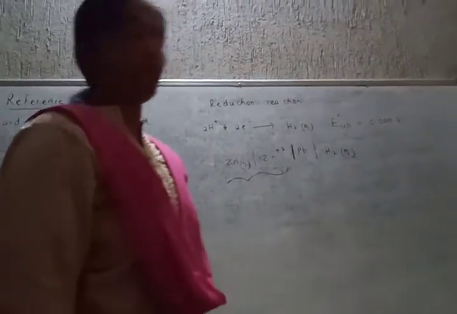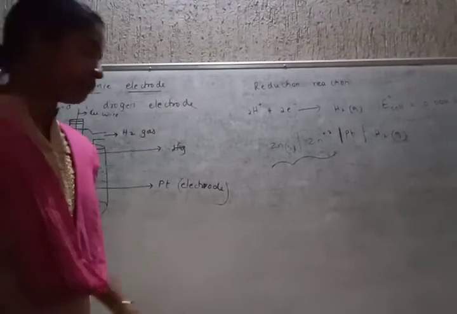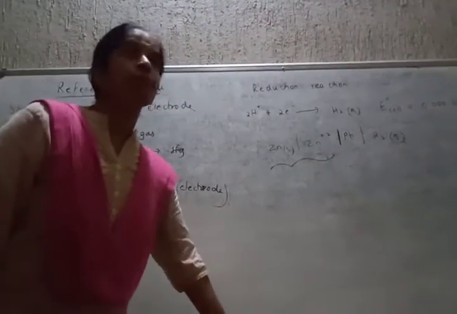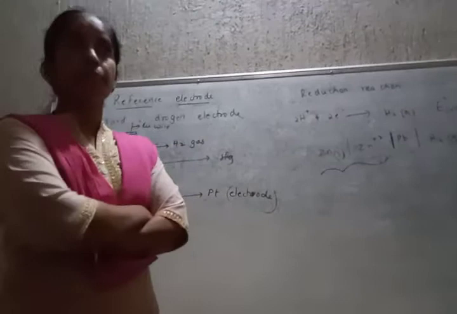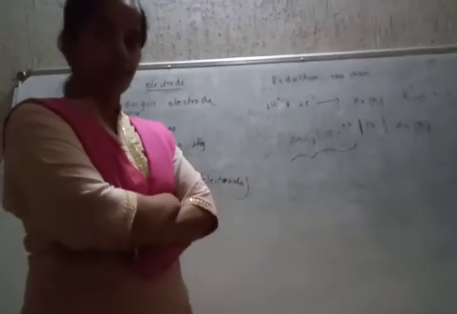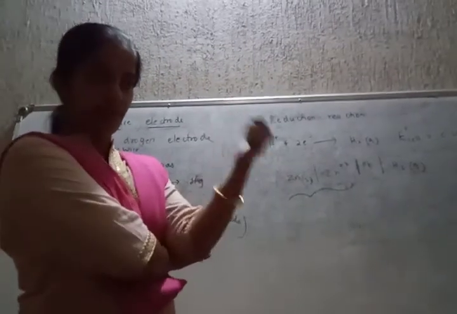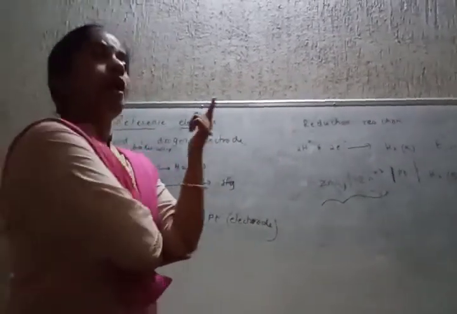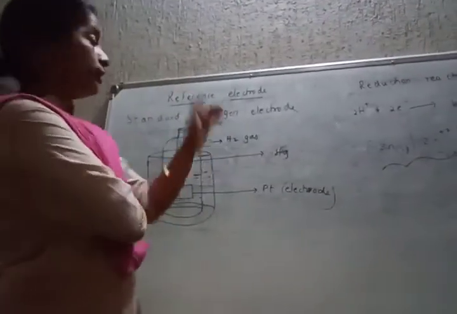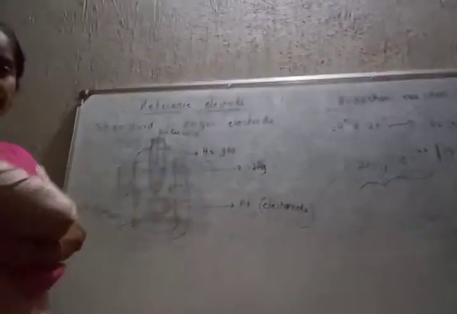नाउ व्हॉट आर द ड्रॉबॅक्स, म्हणजे रेफरन्स इलेक्ट्रोड म्हणून SHE का नाही वापरला जात. देयर आर सम ड्रॉबॅक्स. फर्स्ट ऑफ ऑल, इट इज व्हेरी डिफिकल्ट टू ऑब्टेन प्युअर अँड ड्राय हायड्रोजन गॅस, कारण हायड्रोजन गॅस मॅन्युफॅक्चरिंग इज व्हेरी कॉस्टली. सेकंड, इट इज डिफिकल्ट टू मेंटेन द प्रेशर, कारण आपण जो हायड्रोजन गॅस इथं बबलिंग घेतो ना, इट इज ॲट 1 atmospheric pressure.